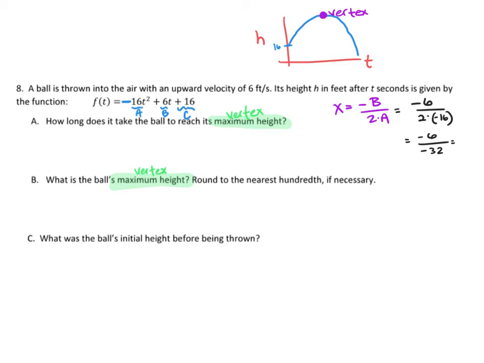So let's see what that is. I'm going to use a decimal, and the reason I'm using a decimal is because it's going to tell me to round. Even though I really like fractions. Fractions are my favorite. So a negative divided by a negative is going to be a positive.